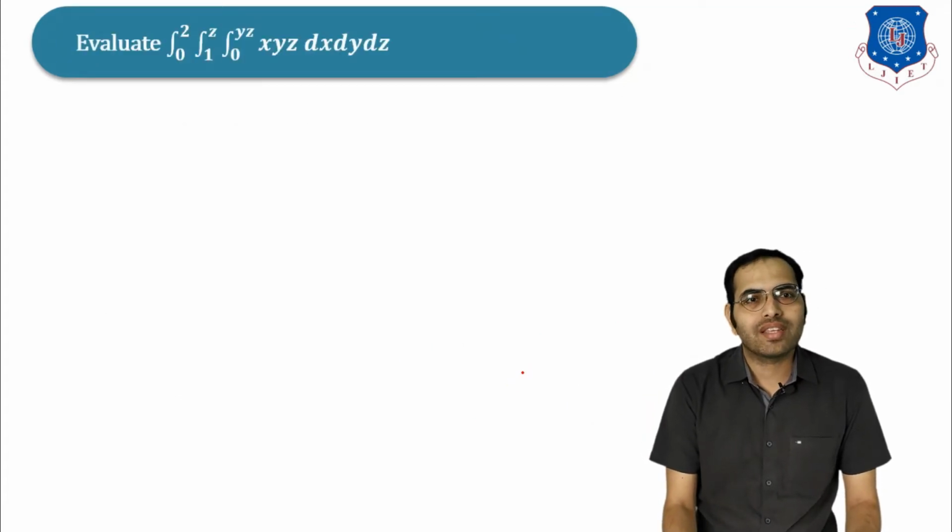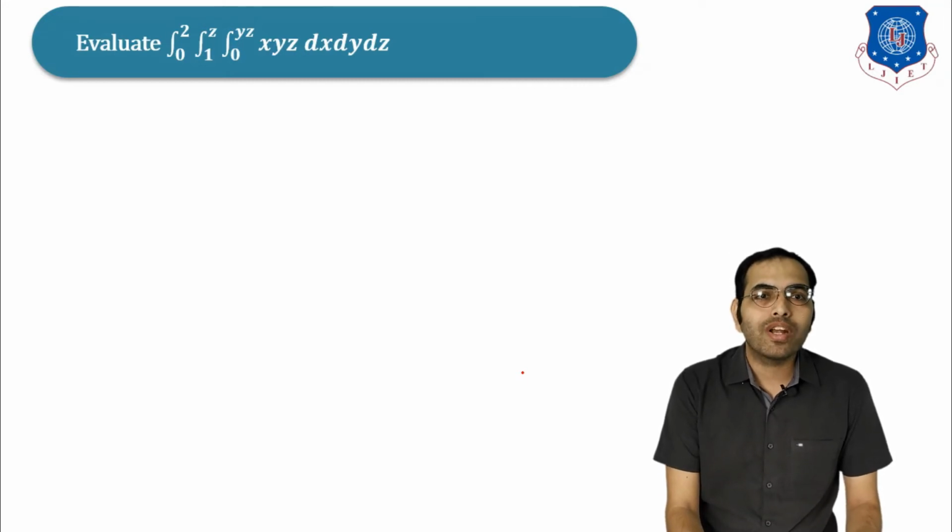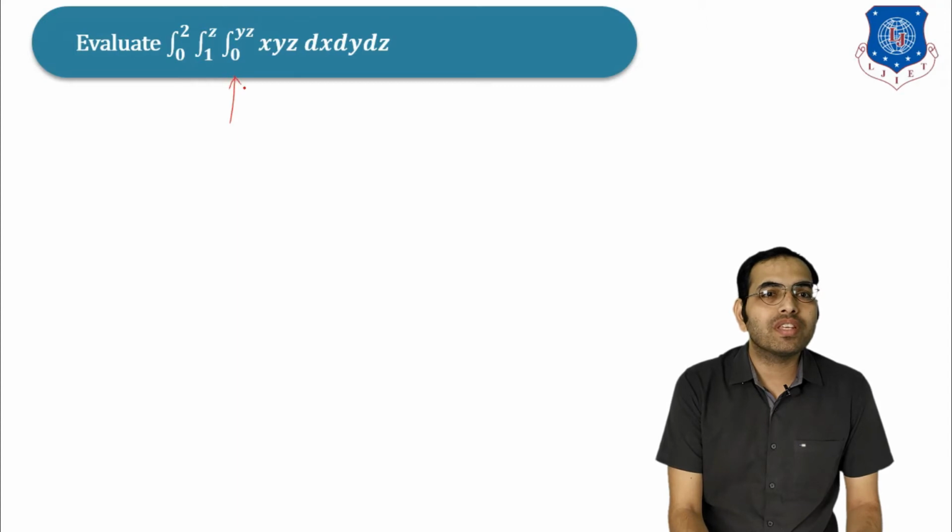Let's see an example. Triple integral, 0 to 2, 1 to z, and 0 to yz, of xyz dx dy dz. Here firstly the inner limit varies from 0 to yz, which is the limit of x, because the inner side is dx, so the inner limit indicates the limit of x.